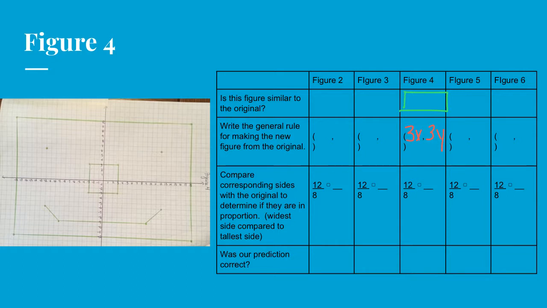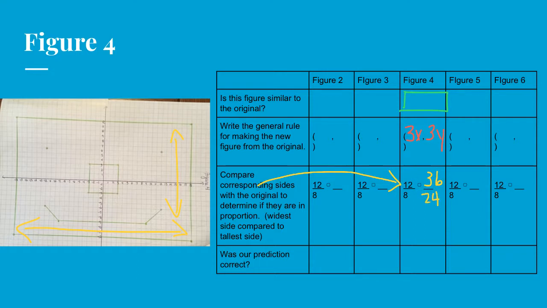I'm next going to check my dimensions. Notice that I've got my figure 1 dimensions already there, so I just have to count. This figure is 36 wide, and it is 24 tall.